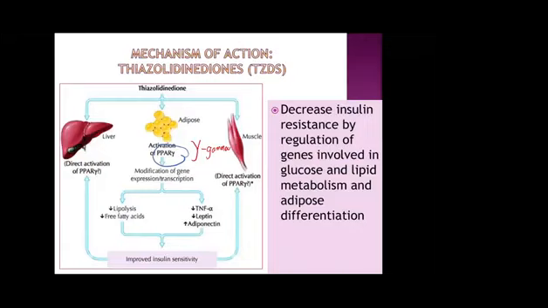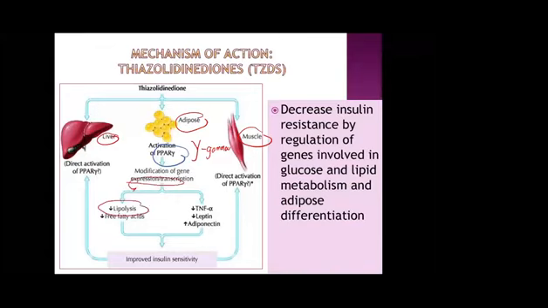Take note that the target sites of thiazolidinediones are the liver, adipose cells, and muscle. Okay? And by activating PPAR gamma, what's gonna happen? Number 1, in the adipose cells, there is modification of gene expression resulting to lesser lipolysis.